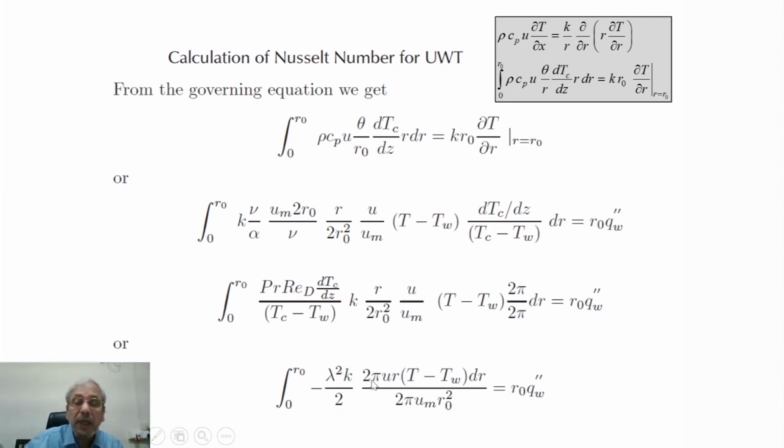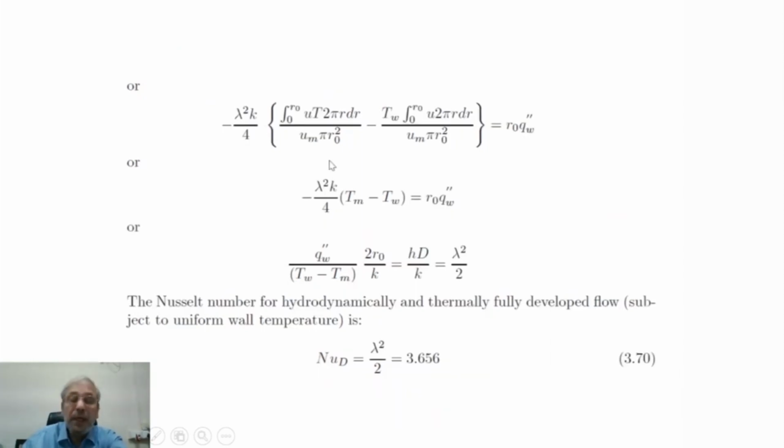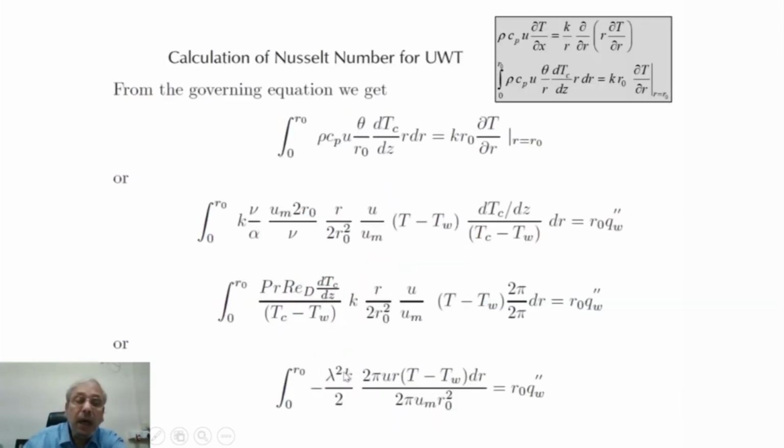Do it a little carefully. Twice pi r u (T minus Tw) dr divided by twice pi r naught square equal to R naught into wall heat flux Qw double prime. So here this lambda square k by 2 will not participate in integration.